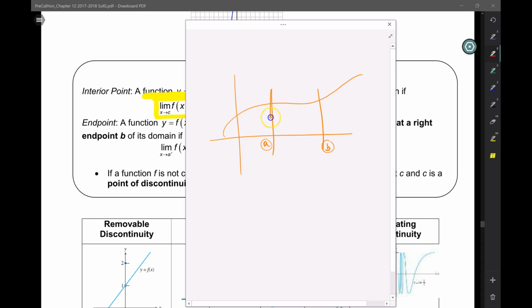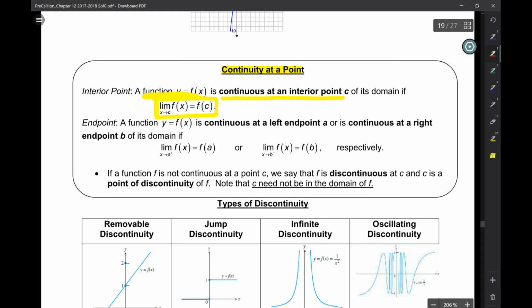If I'm bound by this and by this, at A, I can't do a two-sided limit, because it doesn't exist from one side. So for A, what side limit can I do? From the positive side. And at B, what side limit can I do? From the negative side. In those cases, all I need to do is see if the limit from the one side is the same as the value, and then it's enough to say it's continuous. Does that make sense? Cool.